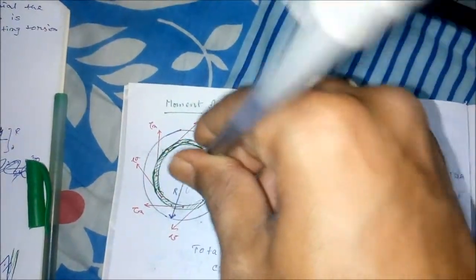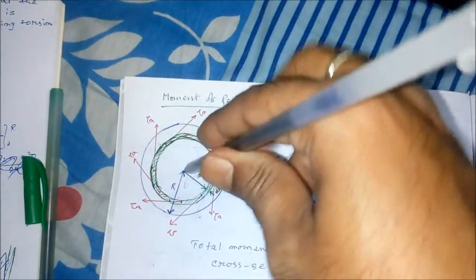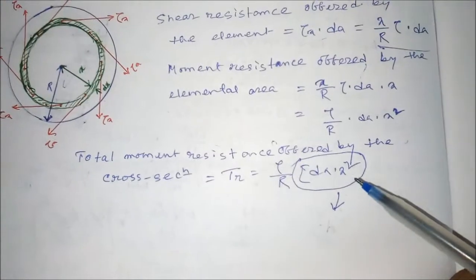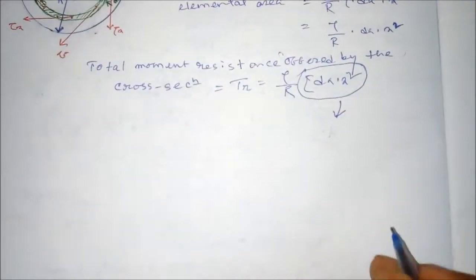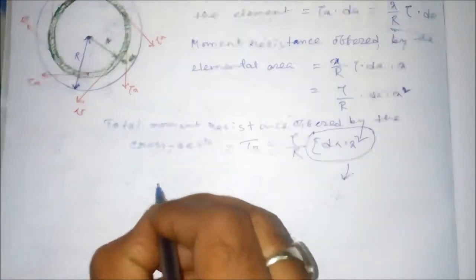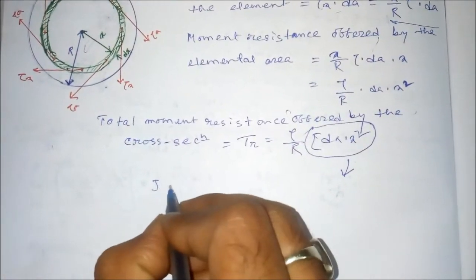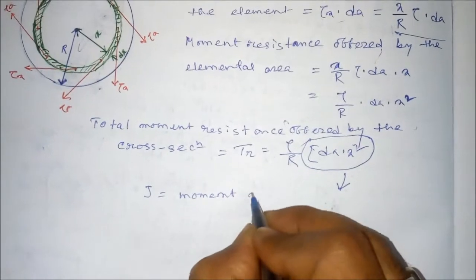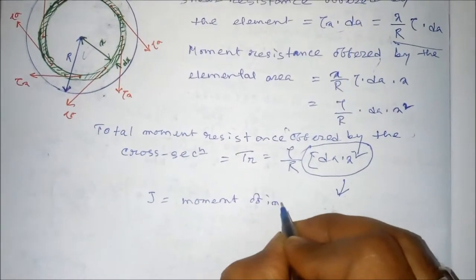So the moment of inertia about this axis of the shaft we can replace with the value J, where J is equal to the moment of inertia about the axis.